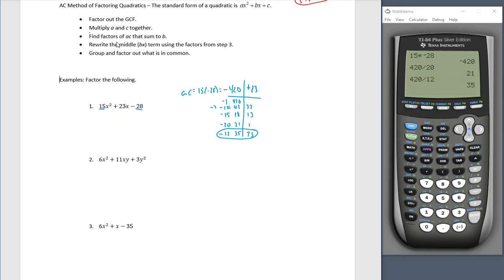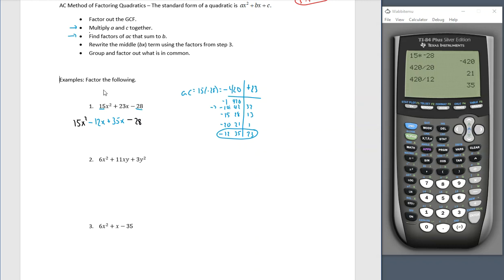So when we multiply A and C together and then find the factors of AC that sum to B, what we're going to do now is rewrite this as 15x squared minus 12x plus 35x minus 28.